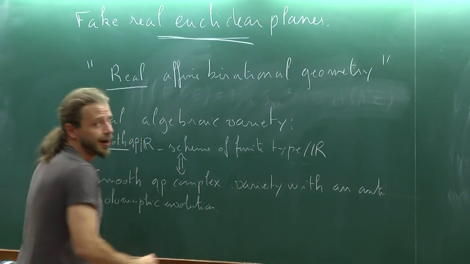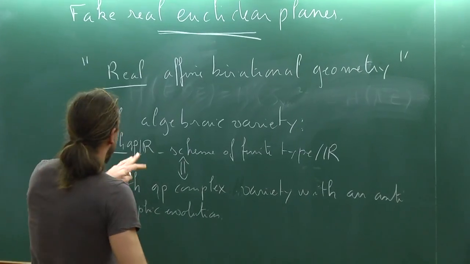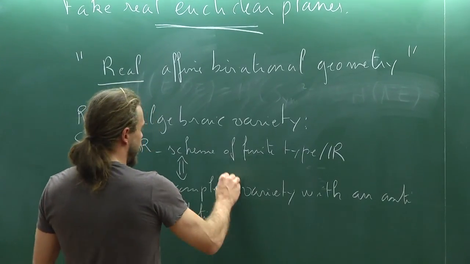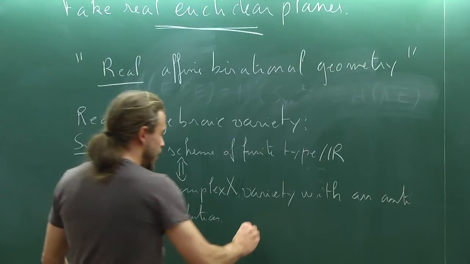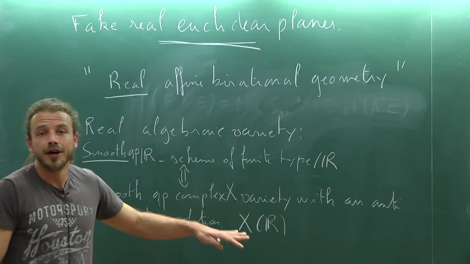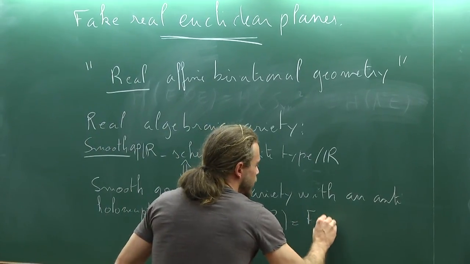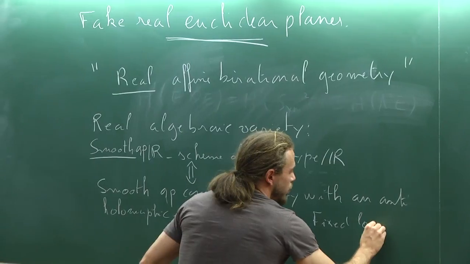So something like z goes to z bar. And then the correspondence is given by, if you have such an X, basically by definition, the set of real points of this X is the fixed locus of the involution.